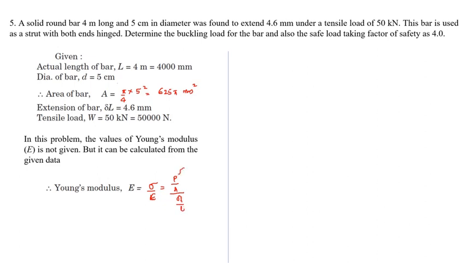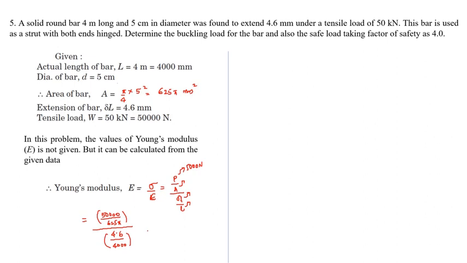Here this force is given as 50,000 Newton and area you have already calculated. Delta L is the change in dimension given and L is the total length of the bar. So all the parameters are provided for you to find the value for Young's modulus, which means I can write this as 50,000 Newton divided by area, that is 625 π, so that will constitute your stress, that is sigma, the whole divided by delta L, it is given as 4.6 mm divided by the total length of the bar, that is given as 4000.